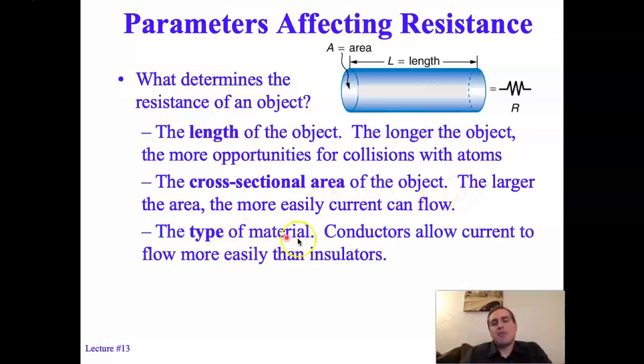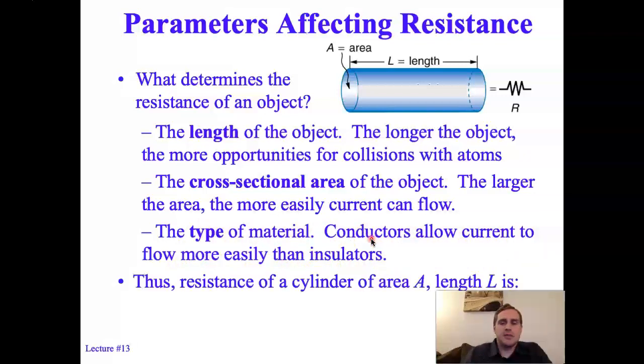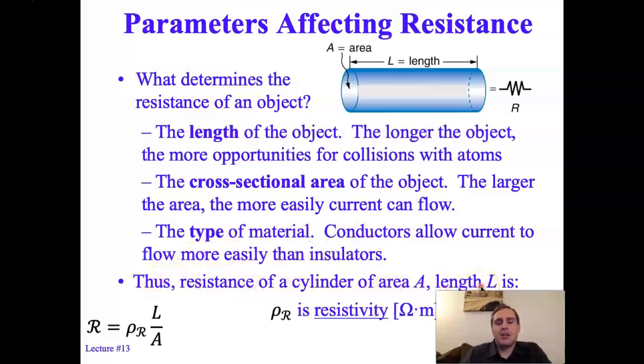And how about the type of material? Conductors allow current to flow more easily than insulators, but depending on the conductor, there's a different amount of conduction or resistance. So thus, the resistance of a cylinder with area A and length L is given by the following equation.